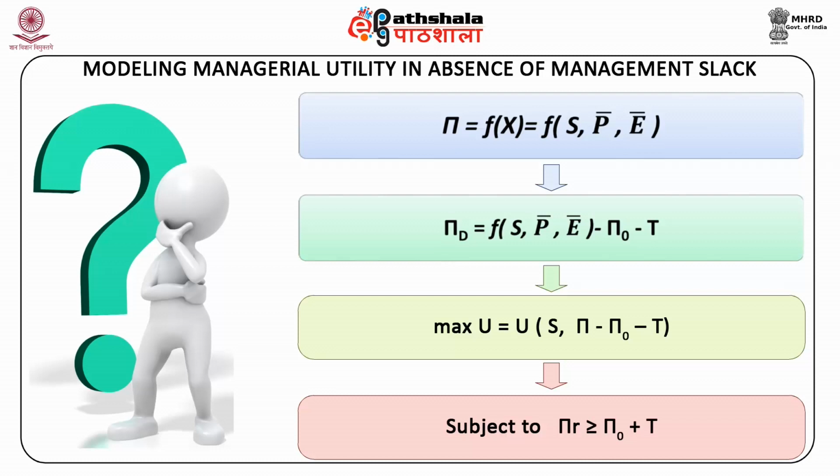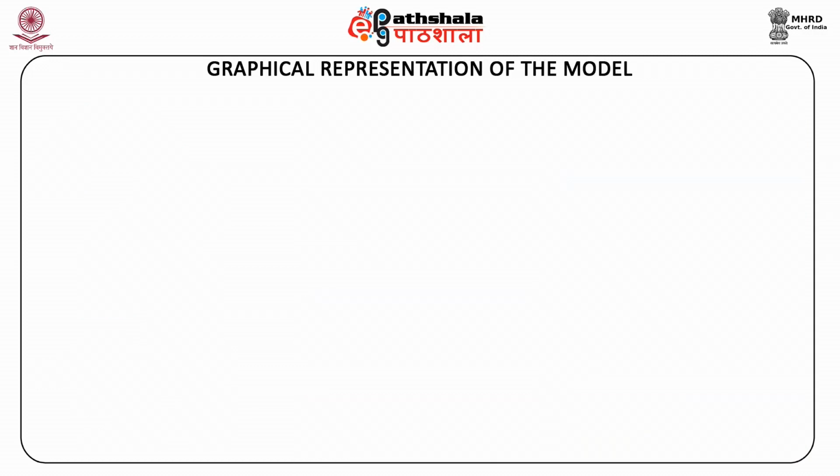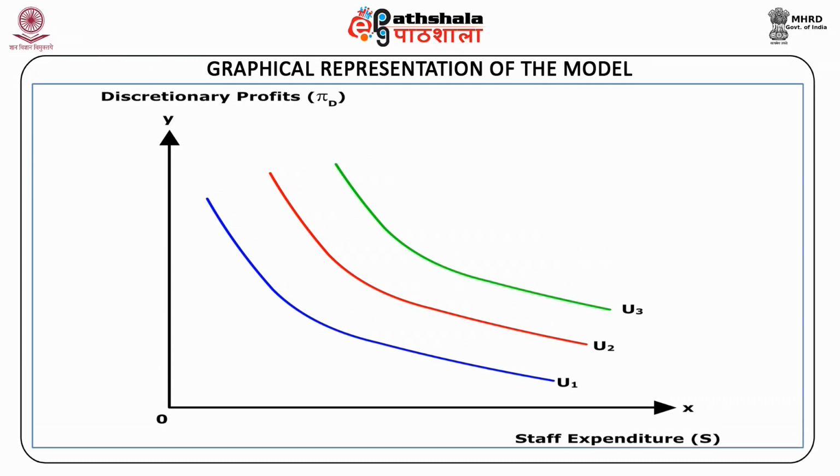The graphical explanation of the model is also given as follows. Now we will look at the graphical representation of the model. Let us assume that U1, U2, U3 are various levels of utility that the manager derives from their associated combination of discretionary profit and staff expenditure respectively. The utility combinations are shown in the following figure in terms of indifference curves.